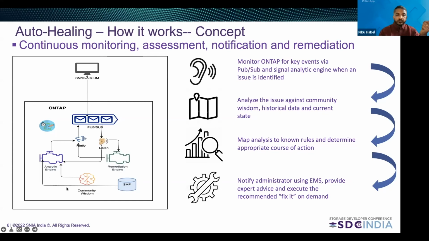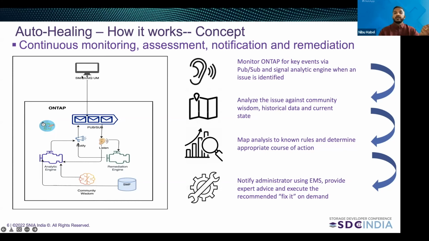Once the issue is found, it then pushes it back to the PubSub channel. This also takes care of attaching a remediation. The brain over here is the rich community wisdom that comes through the analytics and the predictive analytics solution that I just spoke about.